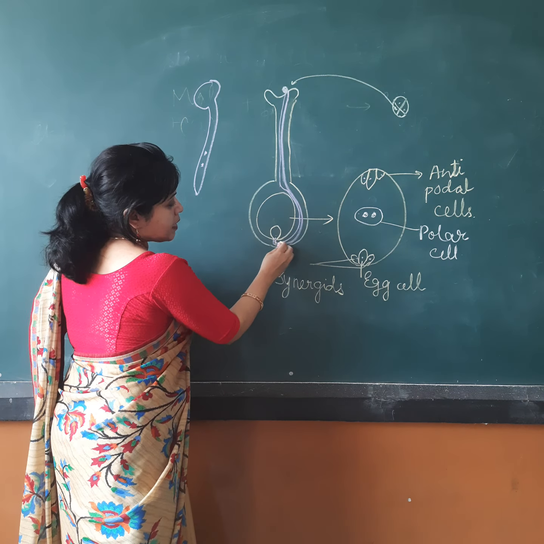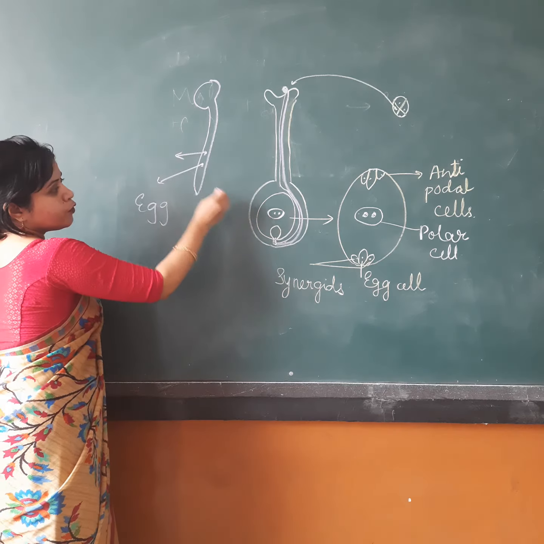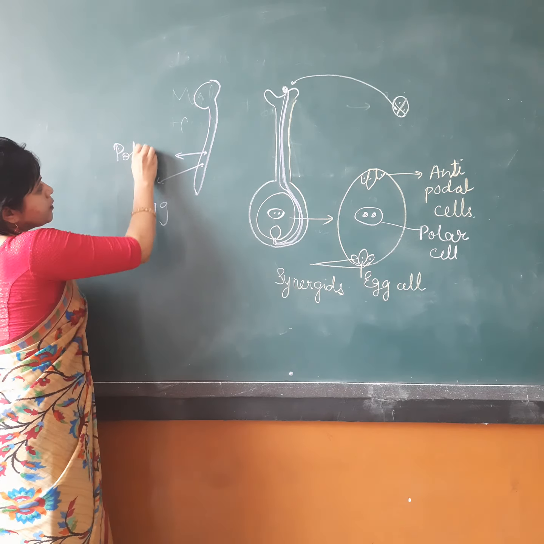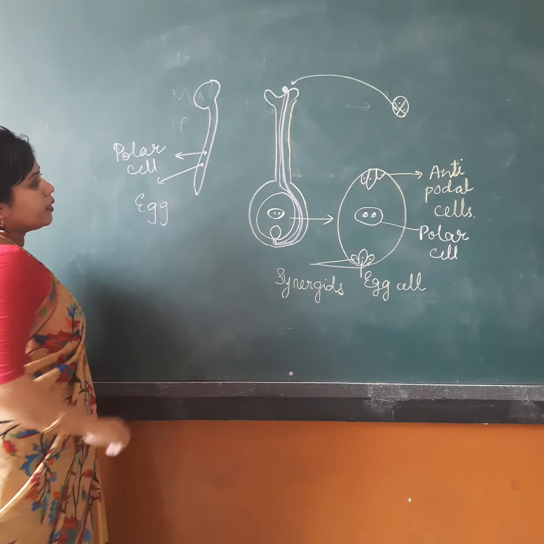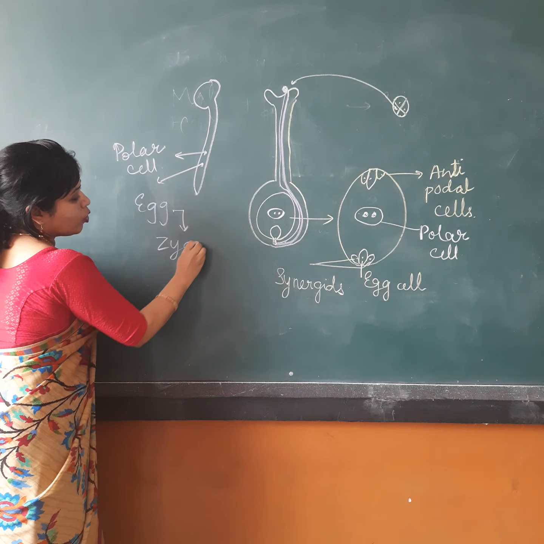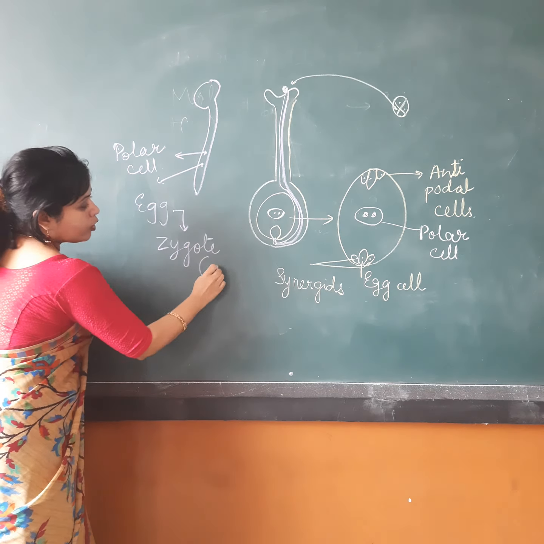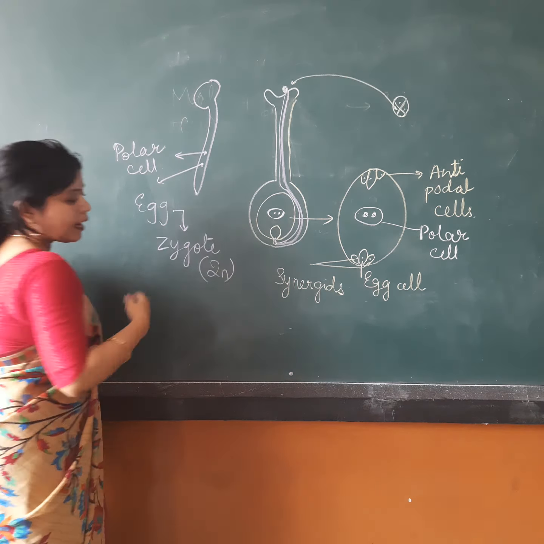Out of this, one will fuse with the egg cell, and one more gamete is left that will fuse with the polar nuclei. So what is happening here? Out of these two male gametes, one will fuse with the egg, one will fuse with the polar cell. The one which fuses with the egg is going to produce your zygote. Zygote will be diploid.